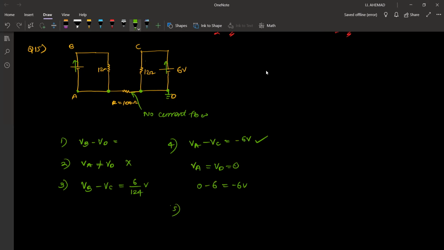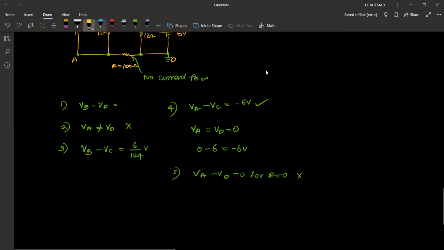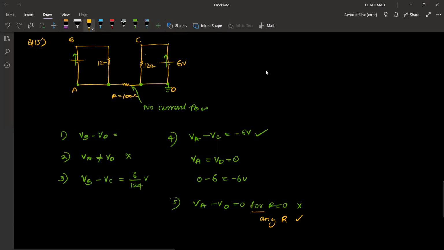Fifth one, they say VA minus VD is equal to 0 for R equals 0. This is incorrect because this should be for any R. So the answer has to be 4.